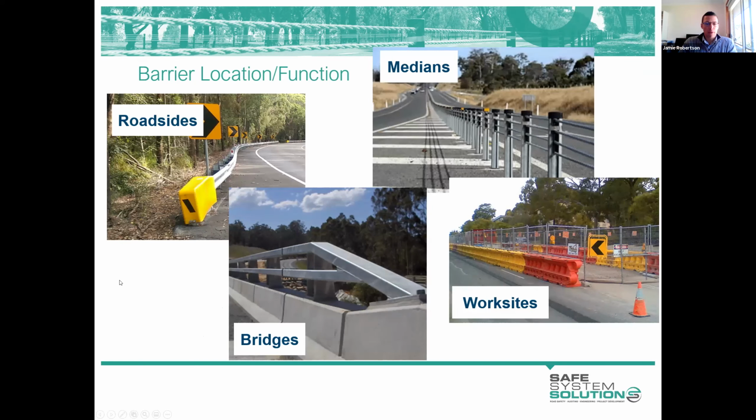So the first step in designing a barrier is to really think about what the barrier is intended to do. What's its function or its location? Is it to be installed at the roadside? And if it is at the roadside, its primary function is to shield the occupants of errant vehicles against that run-off road crash. So a vehicle might depart the road, strike a tree, or roll over, or the like.